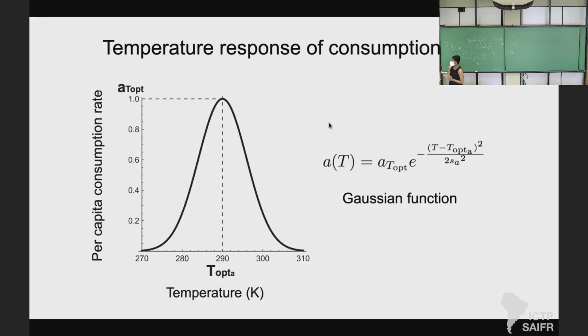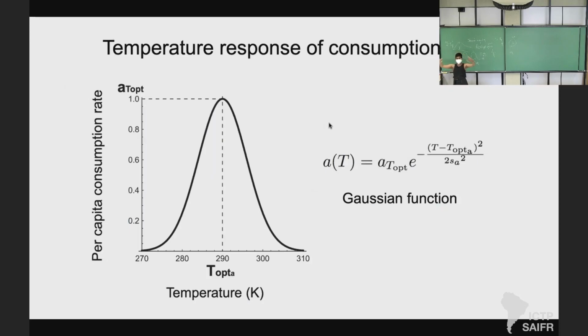Anyway, here's the temperature response of the consumption rate, and we just use a Gaussian function. I'm sure most people have seen this. Here the important thing is the optimal temperature at which the attack rate is maximized, A opt, and S sub A, the response breadth, which tells you how plastic this trait is, the variability around the mean.